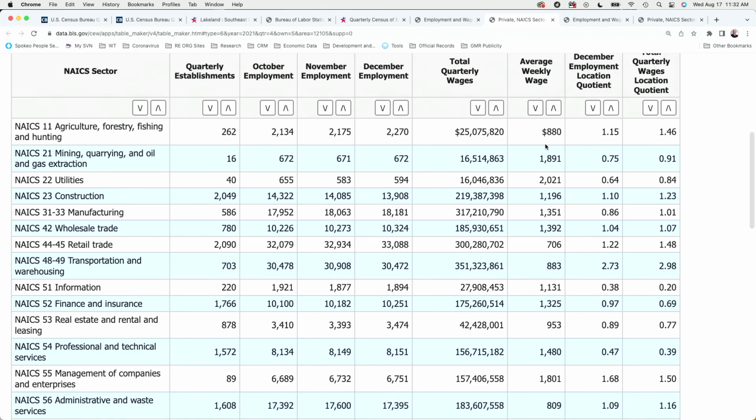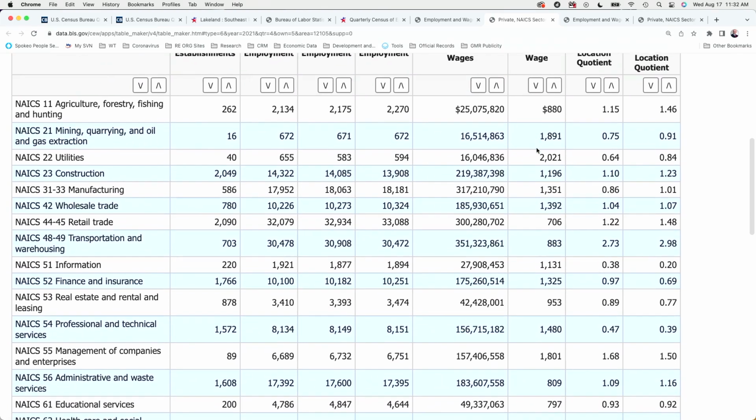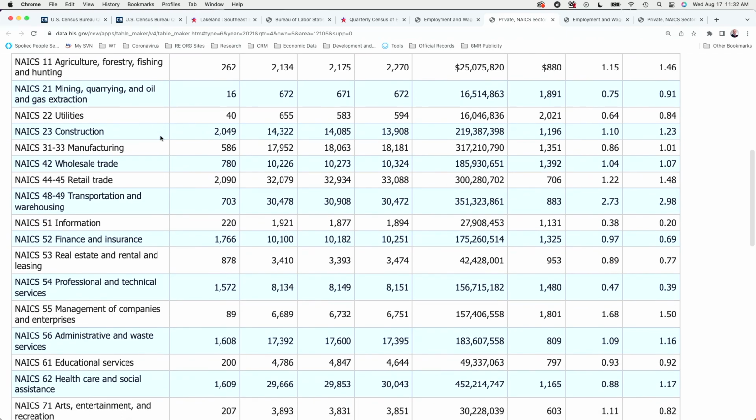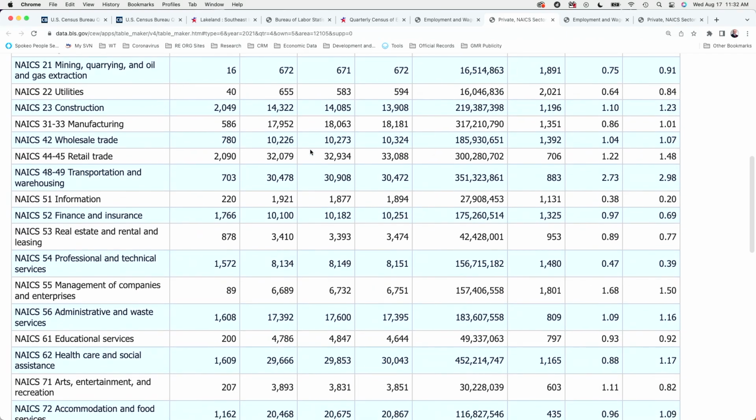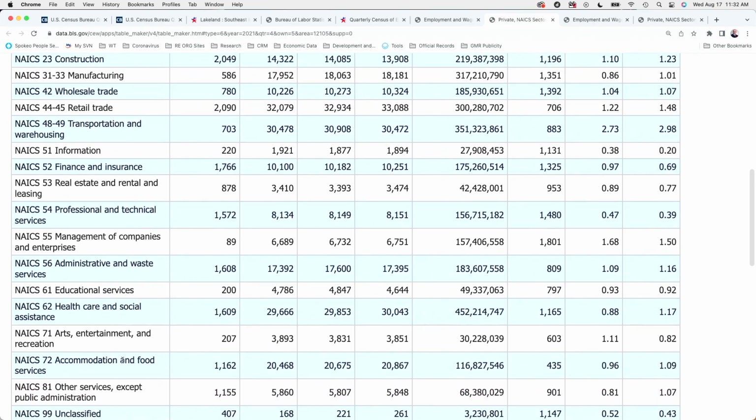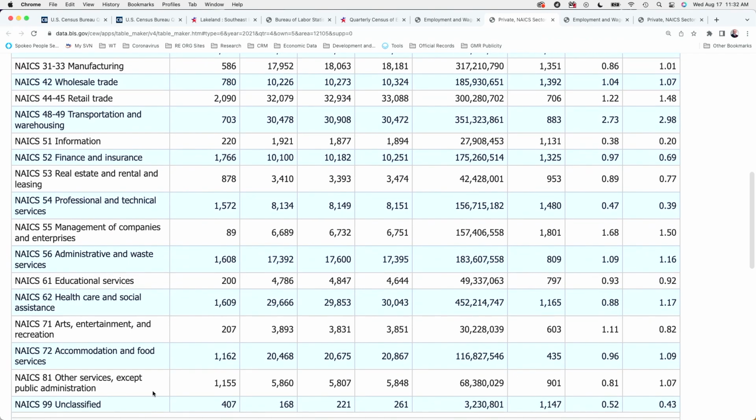quotient. So the disaggregation by two digits in our market, you can see it begins with agriculture, mining, utilities, construction. We can see how many jobs, transportation, warehousing is a big item, and we end up with 81 other services except public administration.